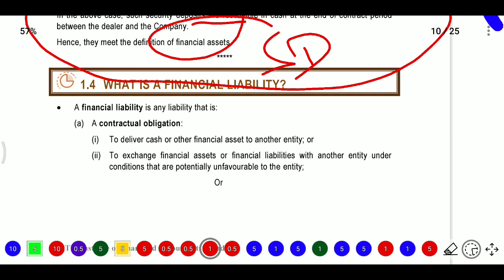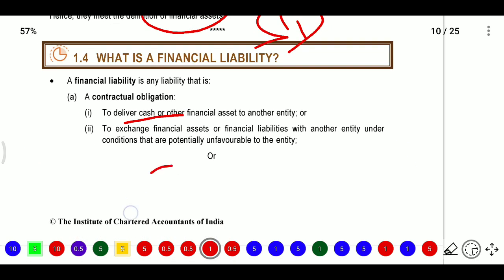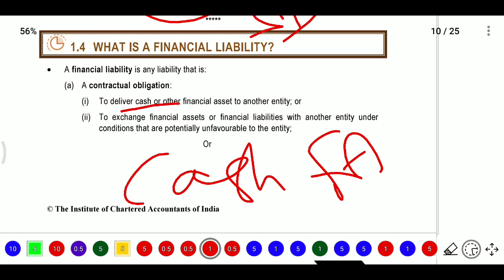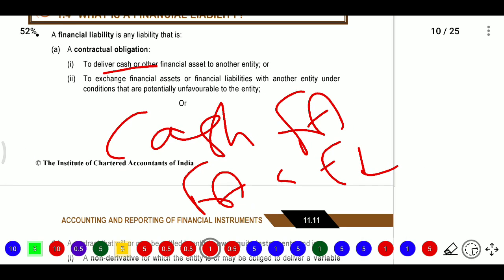Financial liability means, in financial assets we have cash and contractual rights, whereas in financial liability we will have contractual obligations. Contractual obligation here means delivery of cash. So we will deliver cash or other financial assets to another entity, or we will exchange financial assets or financial liabilities with another entity under conditions unfavorable to the entity.